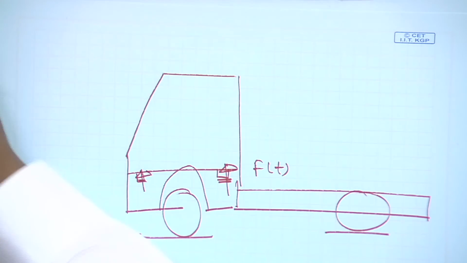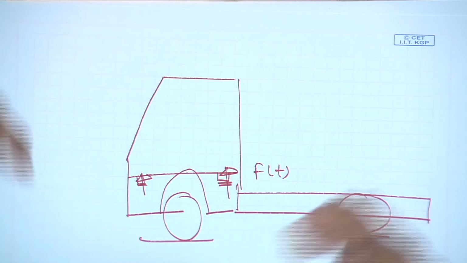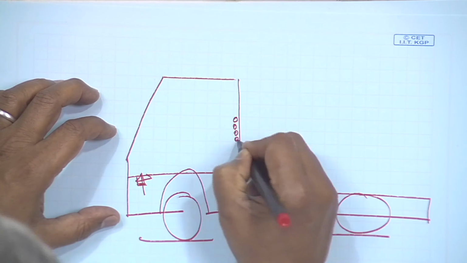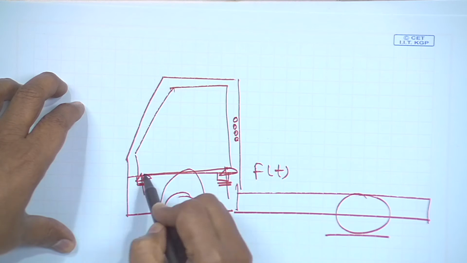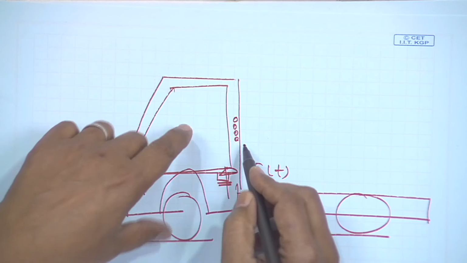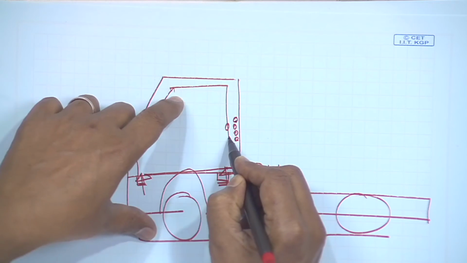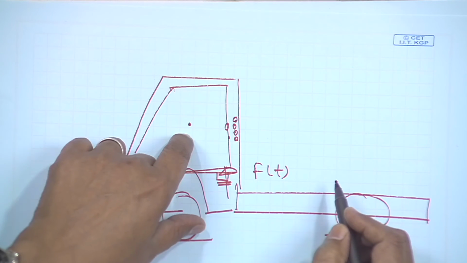Once I have a finite element model of the cab, I can do a forced frequency response analysis and find out the structural velocities of the cab shell. If you think of an air molecule next to it, it is going to have the same amount of vibration. Then I can use the boundary element method to transfer these structural velocities into fluid velocities on the boundary, and find out the SPL at any location.